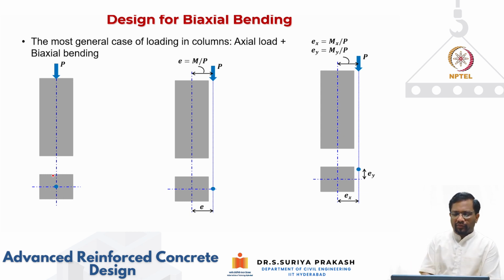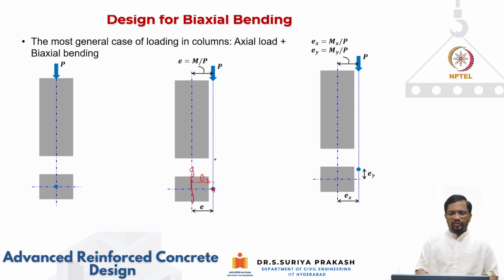So in this case, for example, let's say this is the column that we are looking at. My load is at an eccentricity with respect to, let's say, the y-axis, and here we write that eccentricity as Ex.